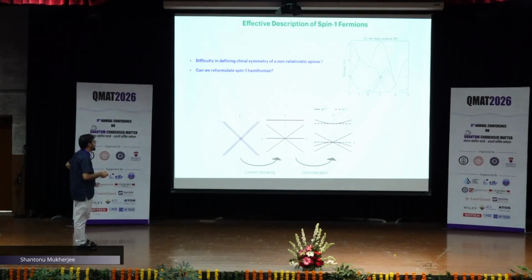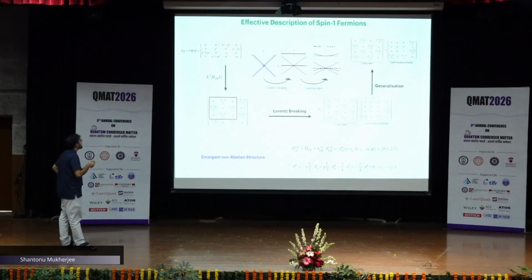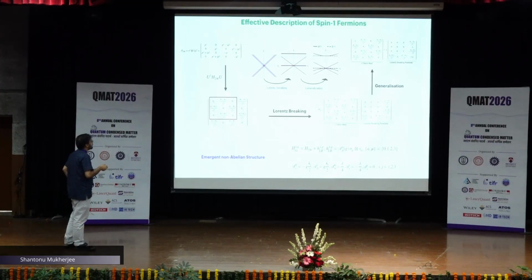which has the Lorentz symmetry, and one can break Lorentz symmetry by adding a Lorentz symmetry violating potential, and that will give rise to this 3×3 band structure along with this higher band. Now in the calculation we implement it like this. We start from the 2-flavor Weyl fermion, then change the basis to the triplet-singlet basis in the spin flavor space, and we see that a spin 1 type Hamiltonian has appeared.